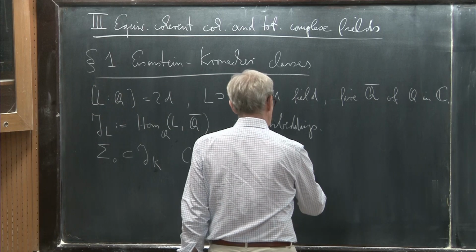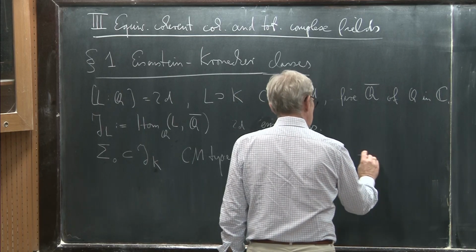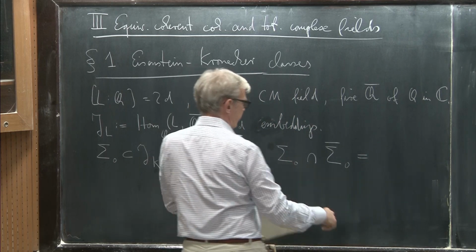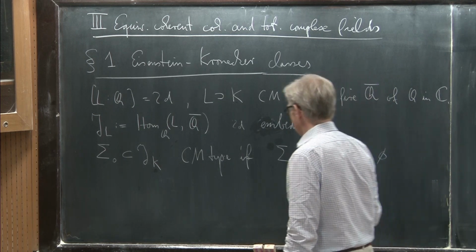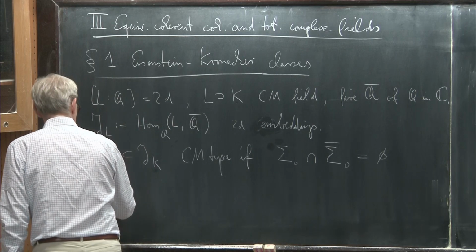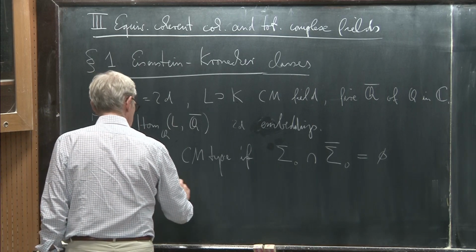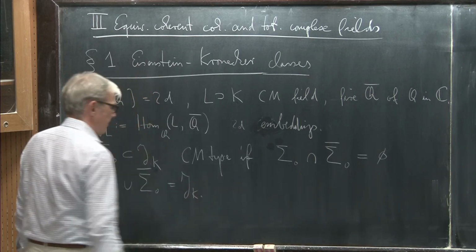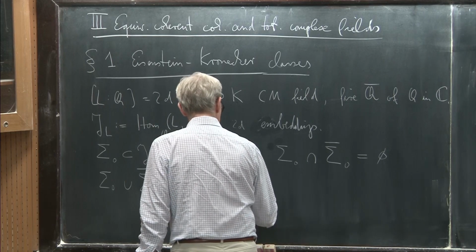If I apply this complex conjugation to these embeddings, then they should be different from the ones I have chosen. So the intersection should be the empty set. And together, they should make up all embeddings of JK.